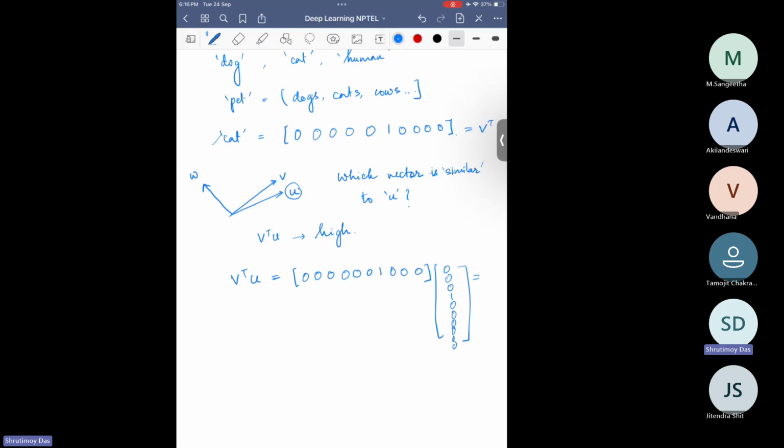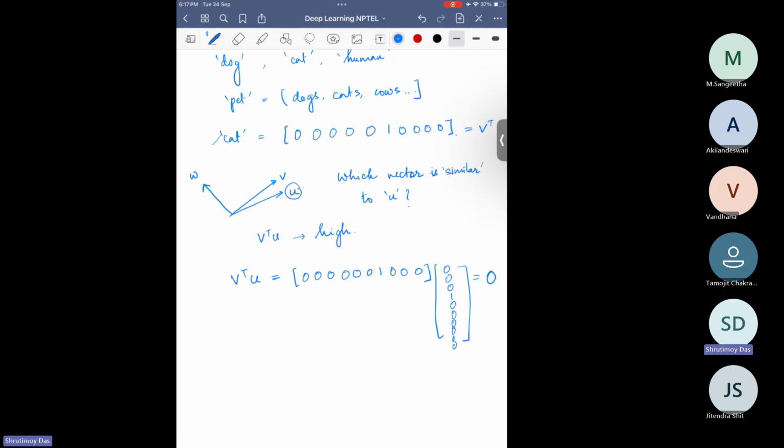What is the dot product that we get here? We will get zero only. Yeah. So all of you get this, right? This is just simply element by element multiplication and then addition. So you get 0.